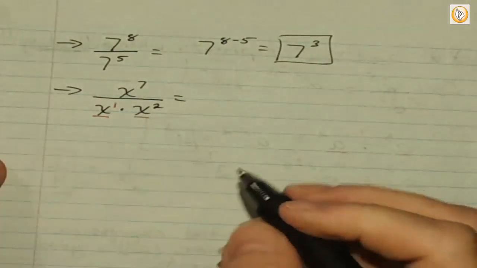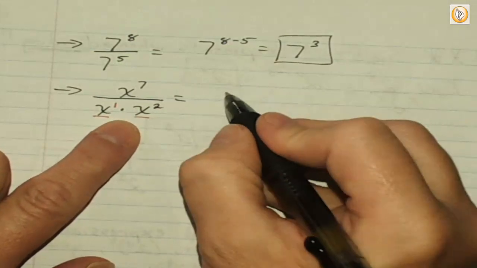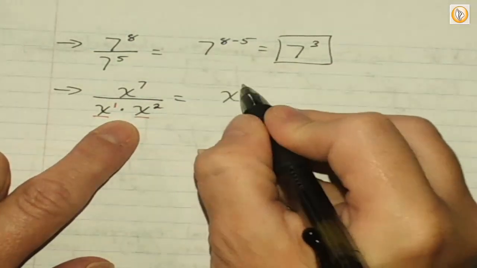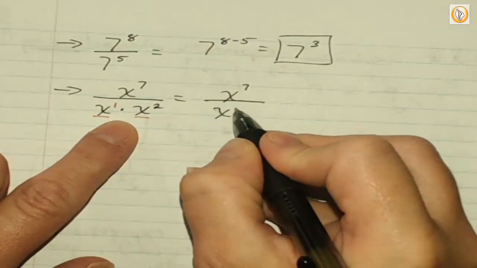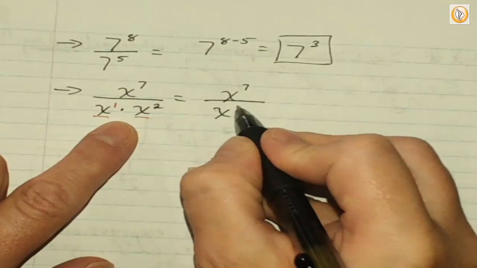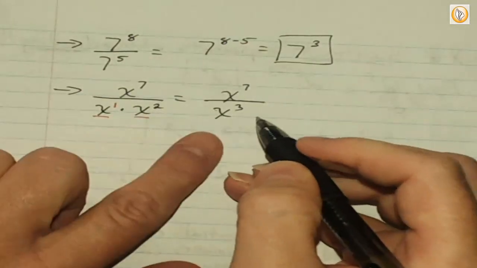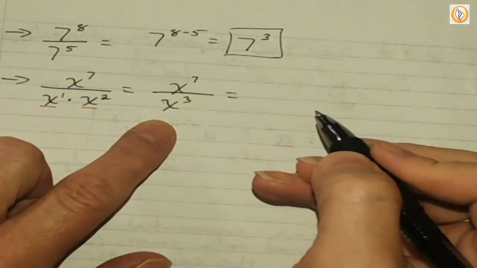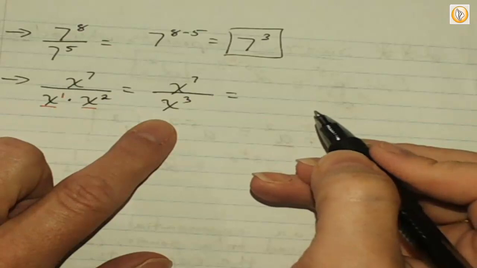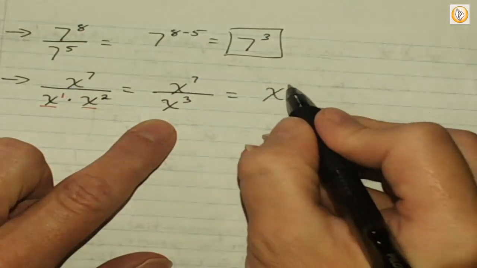And we're multiplying, so you'd have to add the exponents. So x to the 3rd power. That's right, because we're adding the 1 and the 2. Now you're going to do x to the 7th power minus 3.